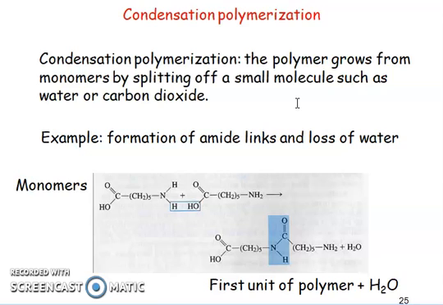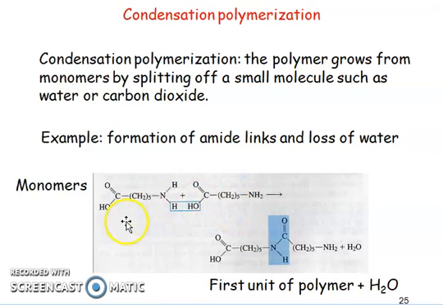For example, formation of an amide linkage. This is an example of nylon formation. In this example, this is one monomer and this is the second monomer.